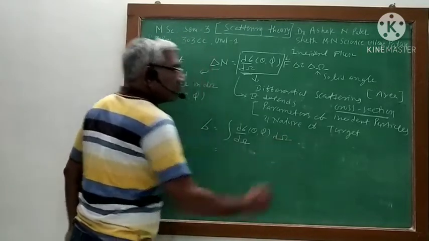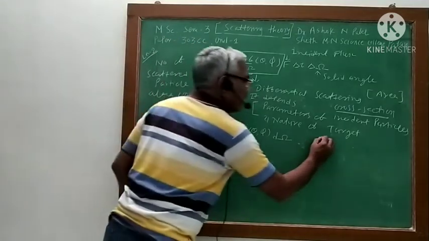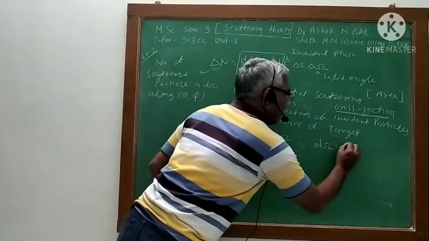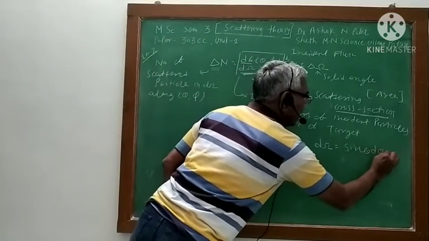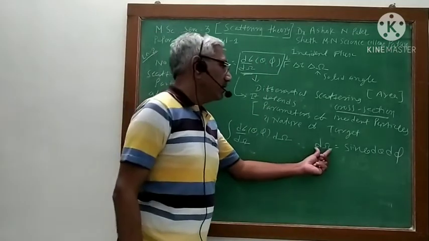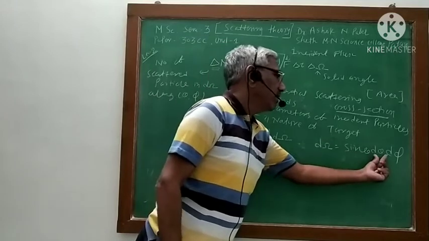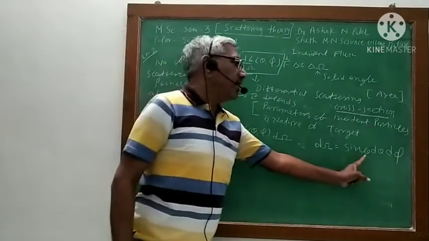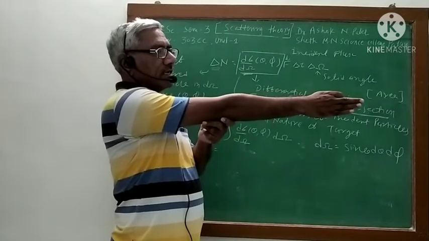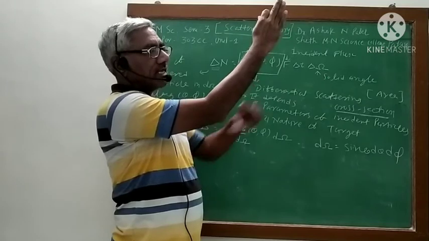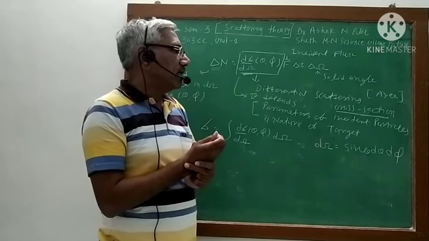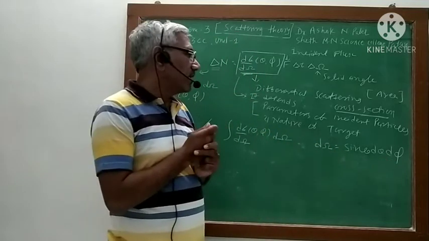Now what is this? This is the solid angle. But the solid angle in terms of theta and phi can be represented as sin theta d theta d phi. So d omega is nothing but sin theta d theta into d phi. Theta is the scattering angle. Suppose the incident particle is moving in this direction, and after scattering it moves in this direction; this is your scattering angle. So theta is the scattering angle and phi is the azimuthal angle.